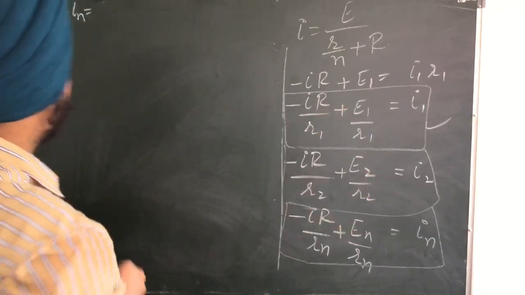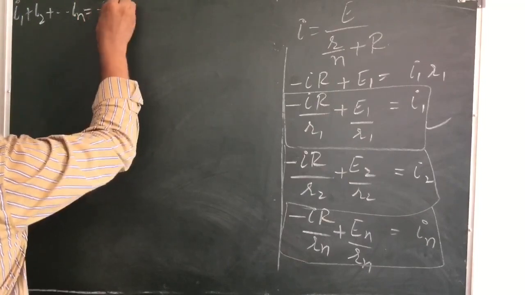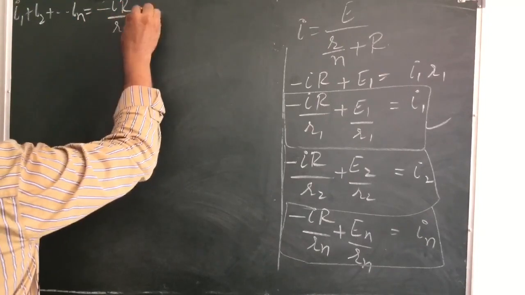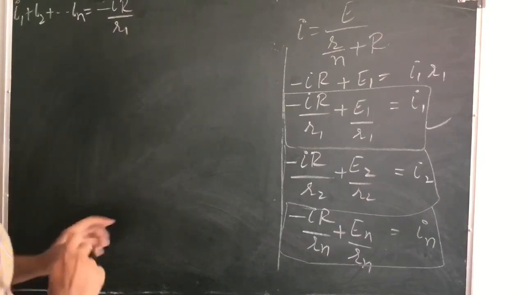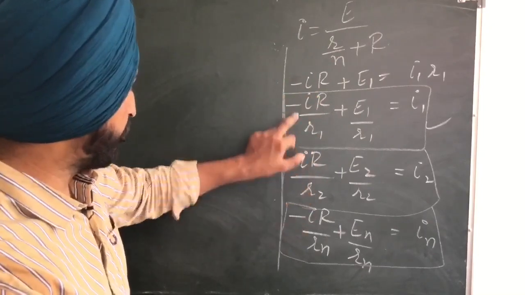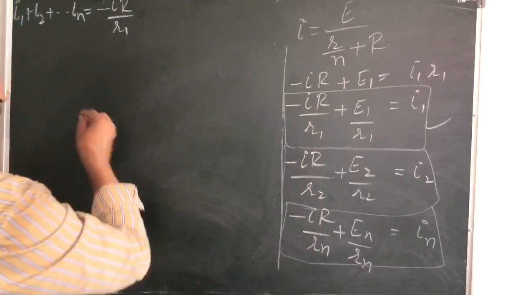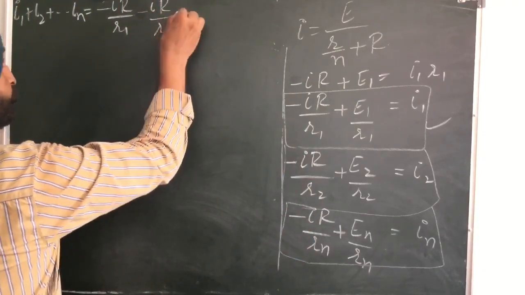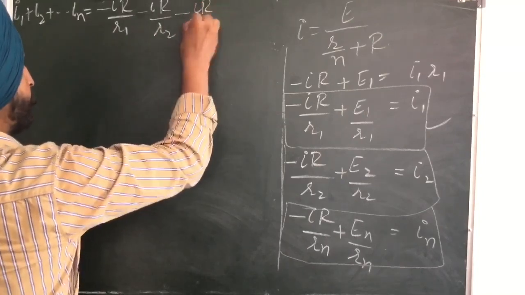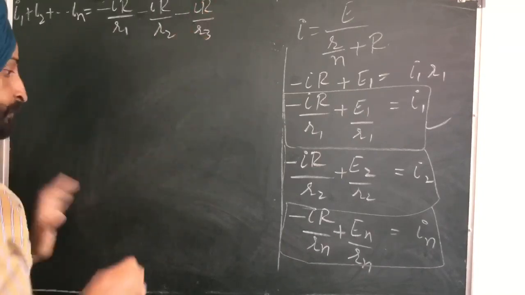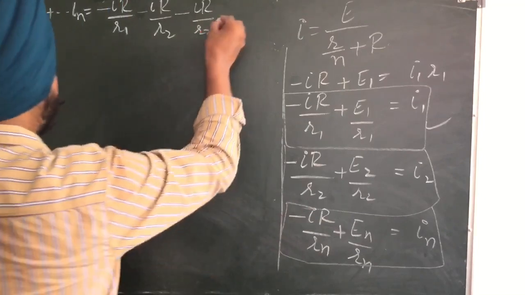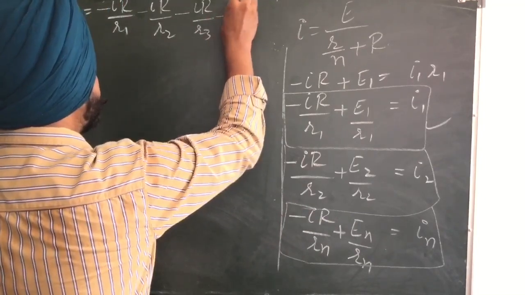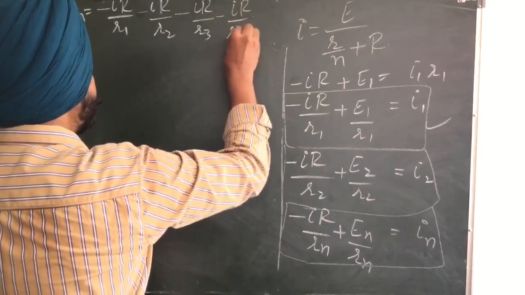and this would be equal to addition of all these values. So it would be minus IR by R1 plus, so firstly I will be writing all these values with minus IR by R. So from second it will be minus IR by R2 minus IR by R3 up to IR by Rn.